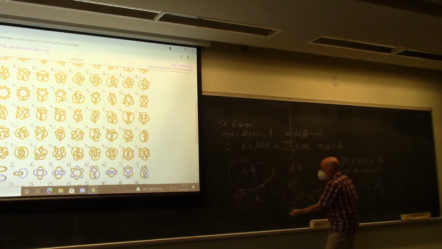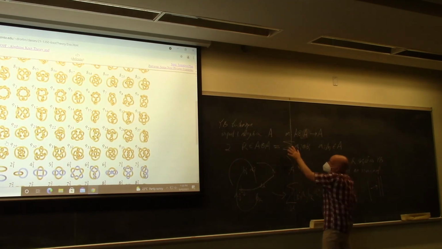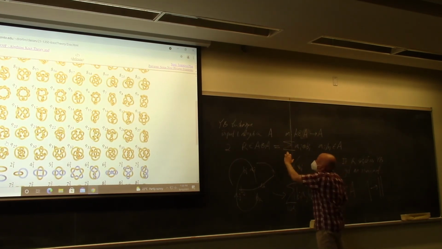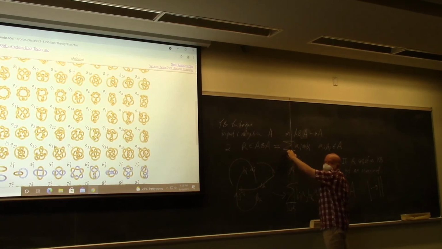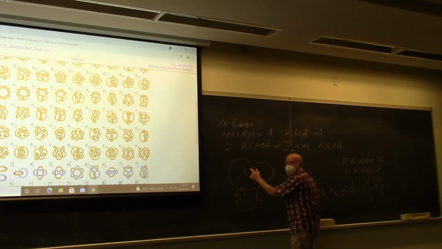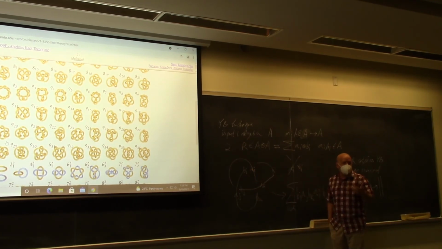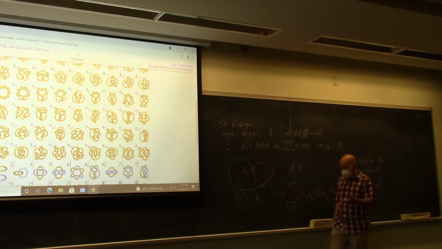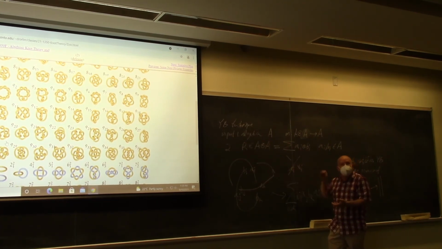If each summation variable runs from 1 to 7, in fact in most examples the summation will be infinite. But even if it was finite, even if the summation was from 1 to 7, if you have one summation from 1 to 7 per crossing, then the total number of summands is 7 to the number of crossings, which is exponential. So you lose. So yes, this defines an invariant, but how do you compute it?